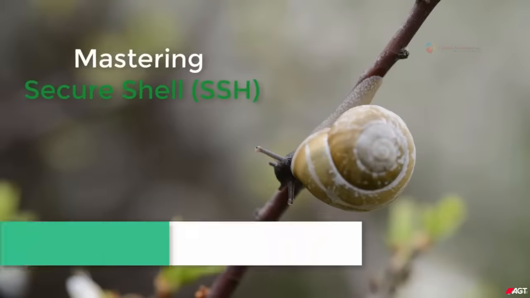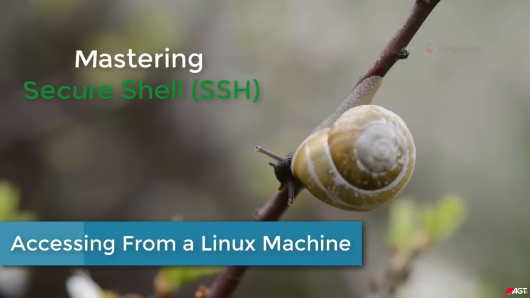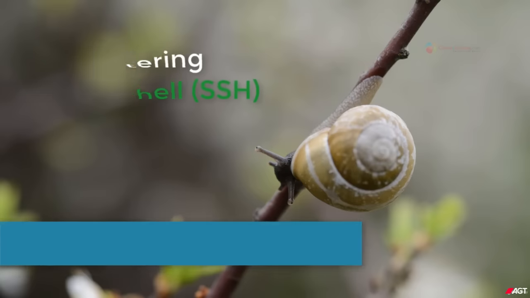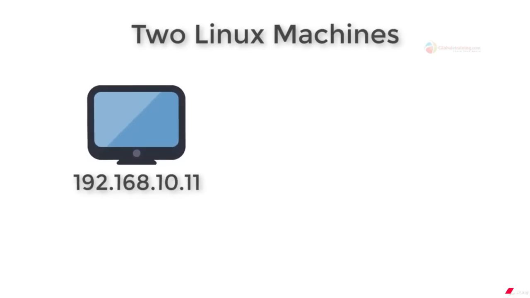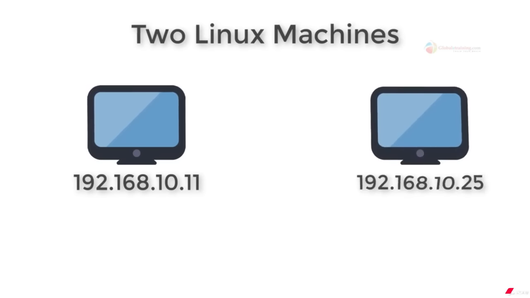Hello everyone, welcome back. In this video, we will access Linux GUIs that are running on a remote Linux machine from a Linux machine. During the demo, we will use two Linux machines. The first one is VM node 1 with the IP address of 192.168.10.11, and the second machine is VM jump box 1 with the IP address of 192.168.10.25.